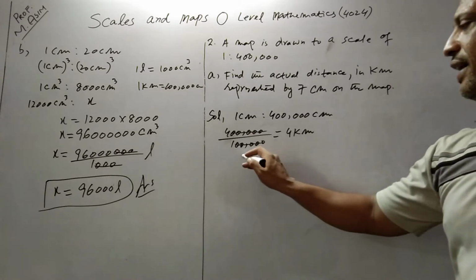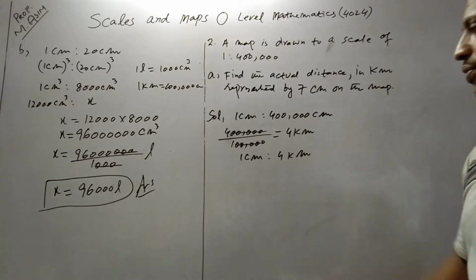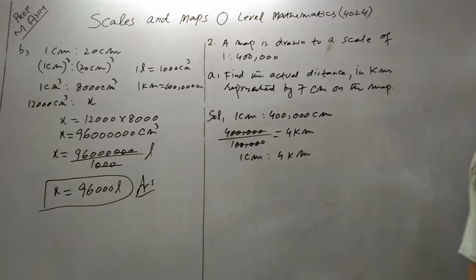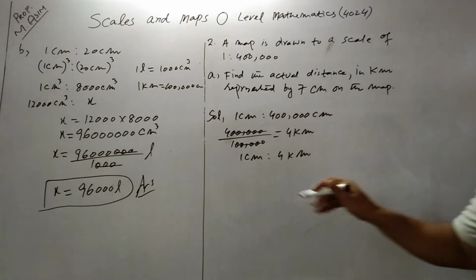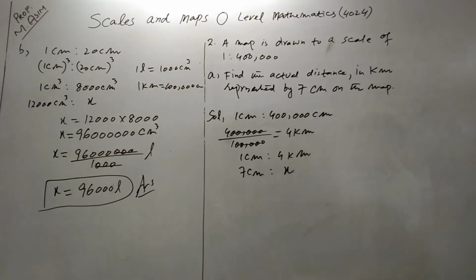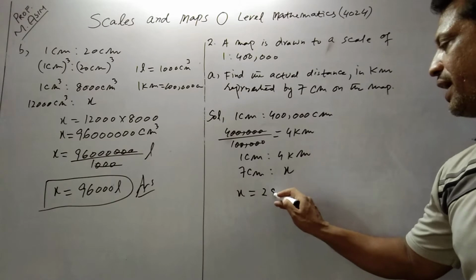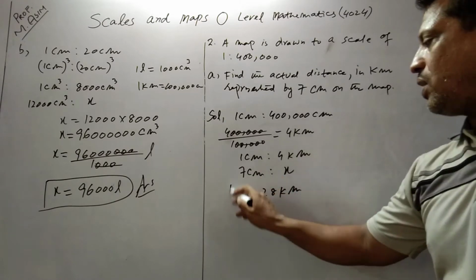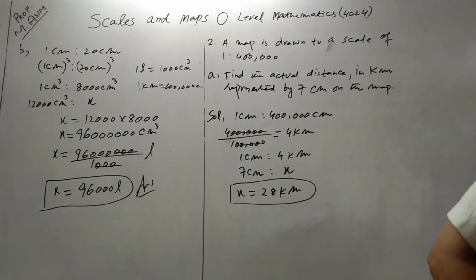Therefore, our scale is 1 centimeter to 4 kilometer. Now, see the question: find the actual distance in kilometer represented by 7 centimeter. So 7 centimeter on the map represents X. X times 1 is X, 7 times 4 is 28. 28 kilometer is our answer. Okay, students, so this is question number 2, part A.